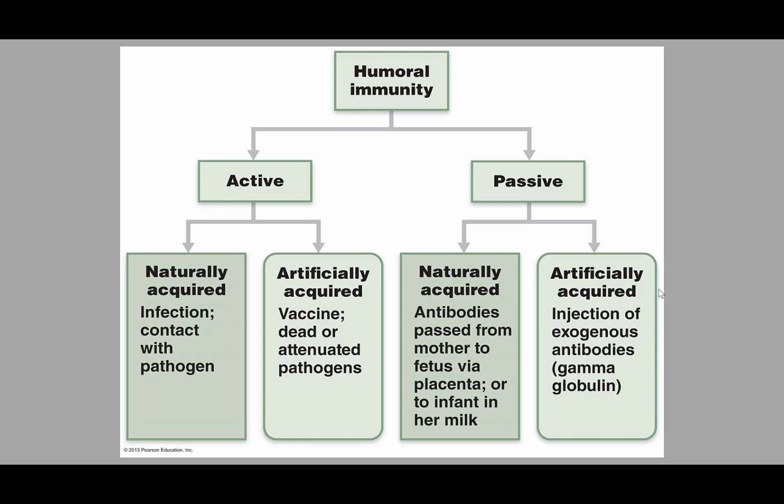Some different disorders, there are people who have been exposed that then start to make antibodies against them, and they can donate those antibodies so that if you believe that you have come into contact with one of those disorders, you can go to the doctor and you can be injected with those antibodies, preventing you, hopefully, from getting infected. Again, artificially acquired because it was injected. Passive because somebody or something else made those antibodies.